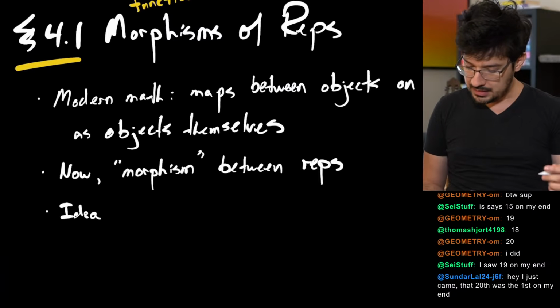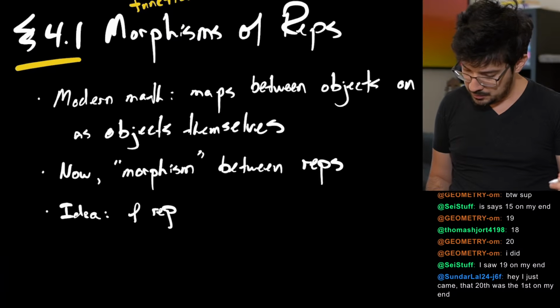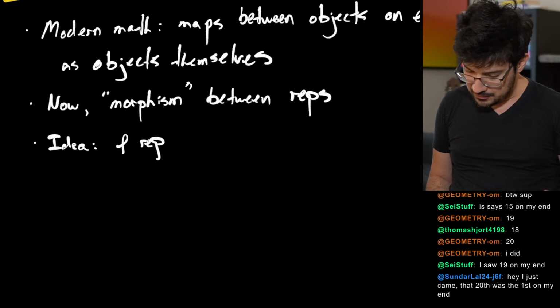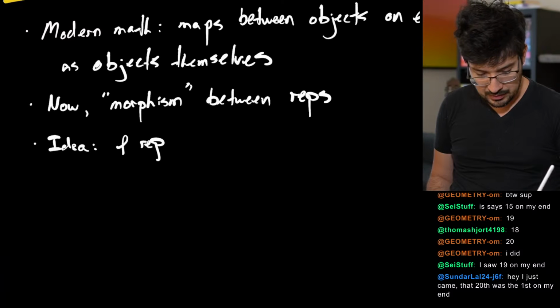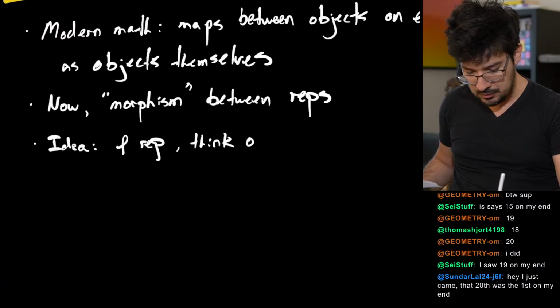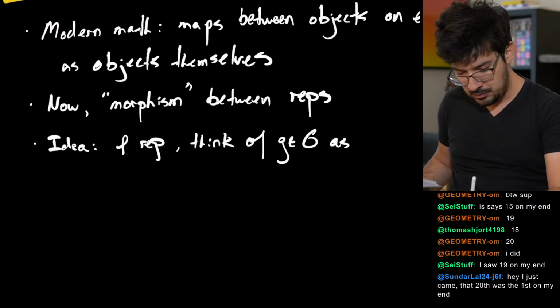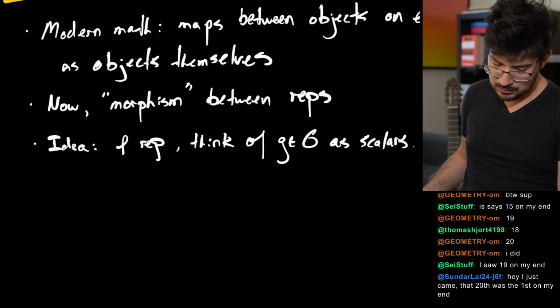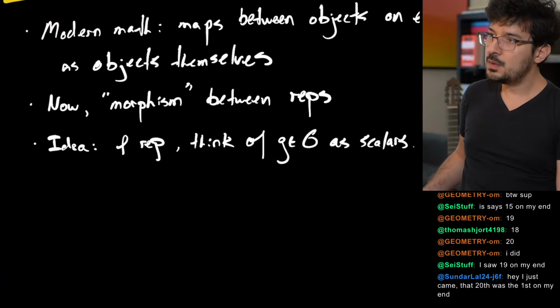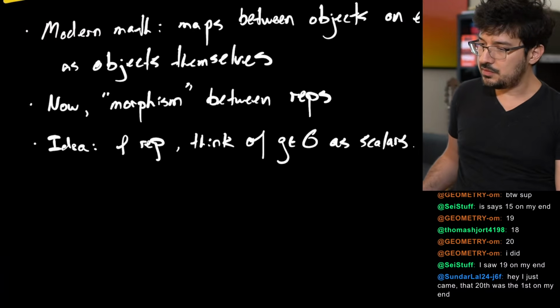Okay, so our idea here is let phi be a rep. We can think of elements of G as scalars. Okay, I think I see where this is going.